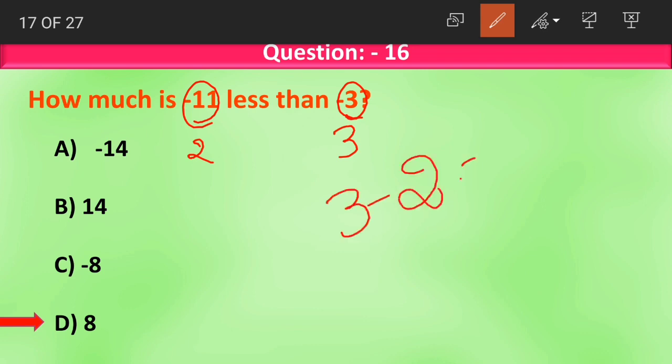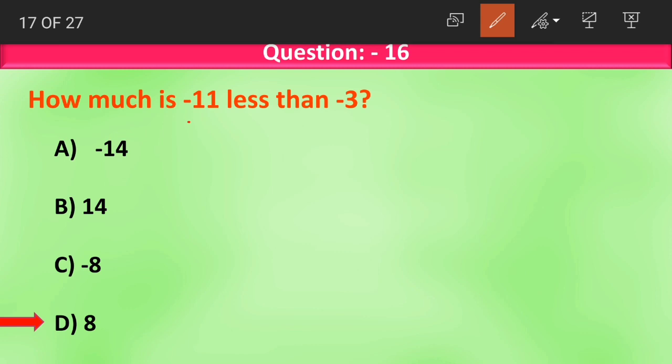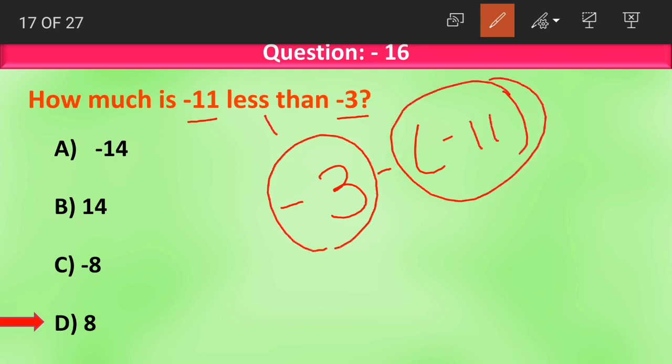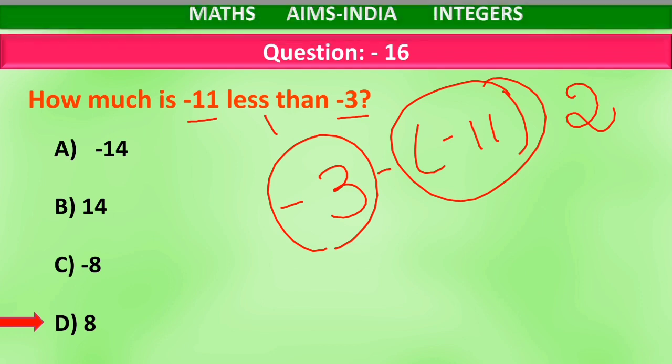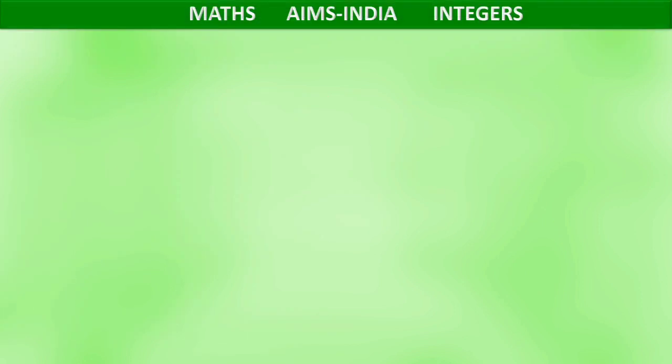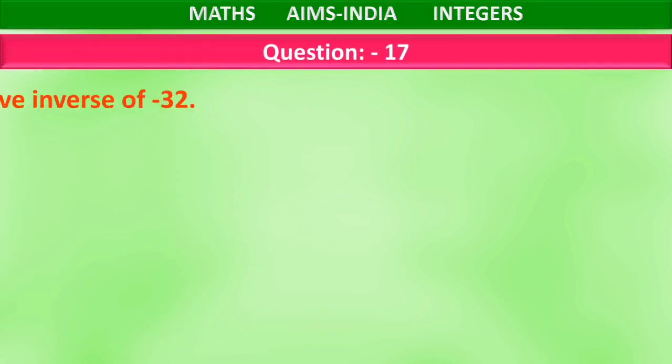You will subtract 2 from 3. 3 minus 2 will give us 1, right? In the same way, when they are asking minus 11 less than minus 3, you have to subtract minus 11 from minus 3. Minus 3 comes first and minus 11 comes second. Okay class, clear? Moving on.